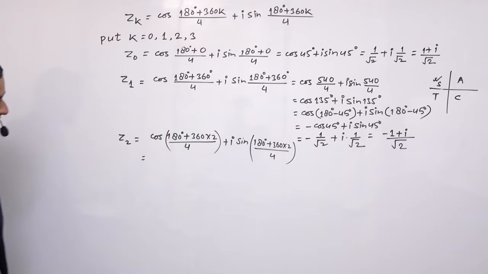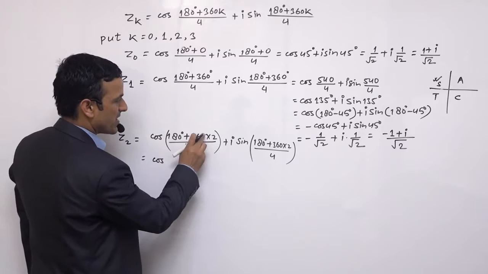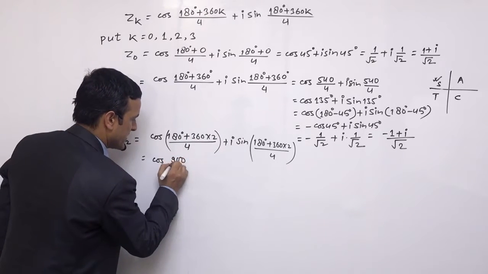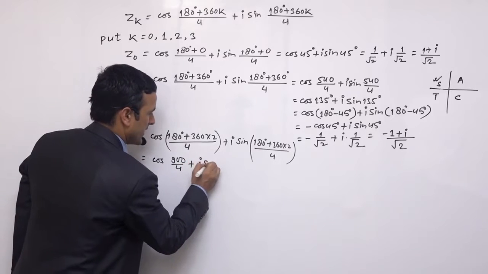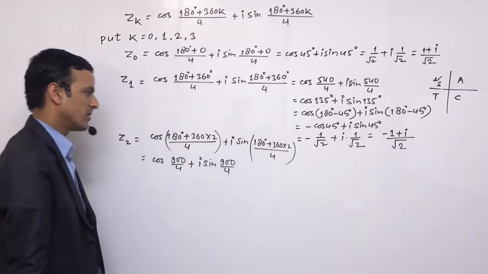Now we can calculate this value. Cos 180 plus 720 means it is 900 divided by 4, and i sine 900 divided by 4.